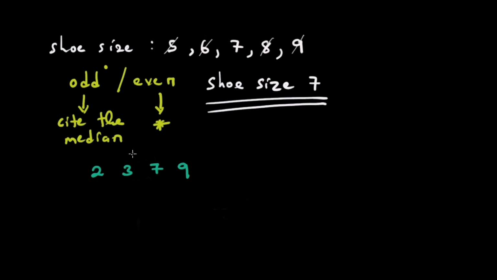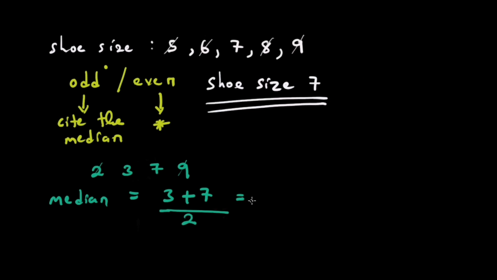The arranging part we have done, but we want to find the median. If we want to do the cutting, we cut this 2, then cut 9. Of course, we remain with 2 elements in the middle. So what we do instead, to get the median, is find the average of these 2 elements. That means we say 3 plus 7 divided by the number of elements, which is 2.